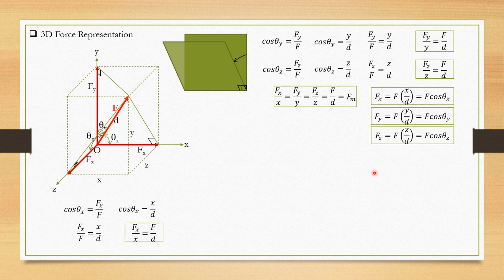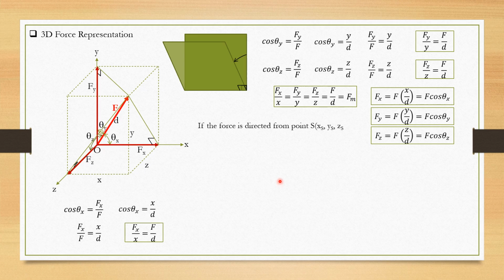So magnitude of the force times x component of distance divided by d, that's the x component of force. The y component is F y over d, or simply F cosine theta y, and the z component is the magnitude of the force, z component of distance divided by distance, or simply F cosine of theta z.